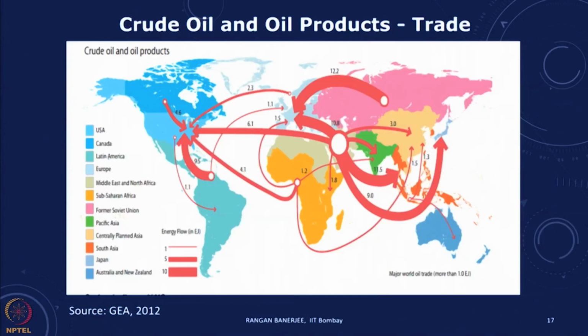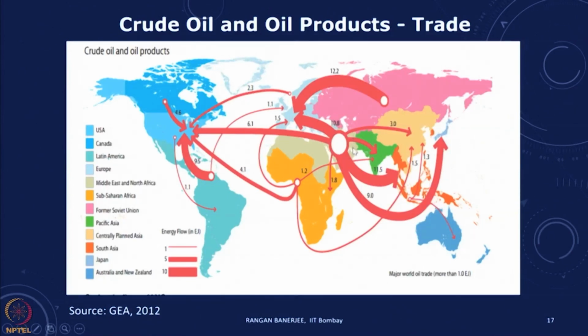We are in an interconnected world, and this shows the trade in oil and oil products, and you can see very clearly the magnitude of these arrows shows the volumes, and you can see that almost all the oil is coming from the Middle East, and of course there are geopolitical issues related to this.